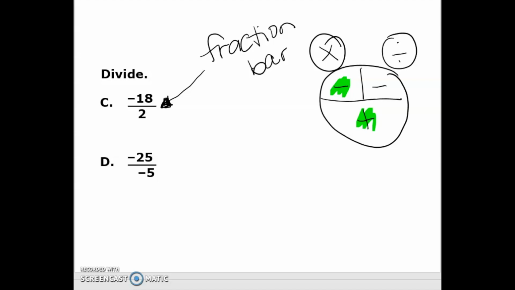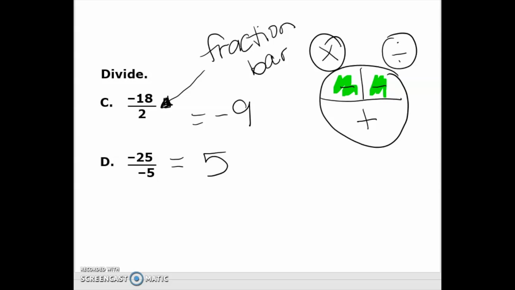That leaves us with a negative 9 as our answer. Let's look at the next problem. We've got a negative for the 25 and a negative for the 5, so our answer is positive. We would end up with positive 5.